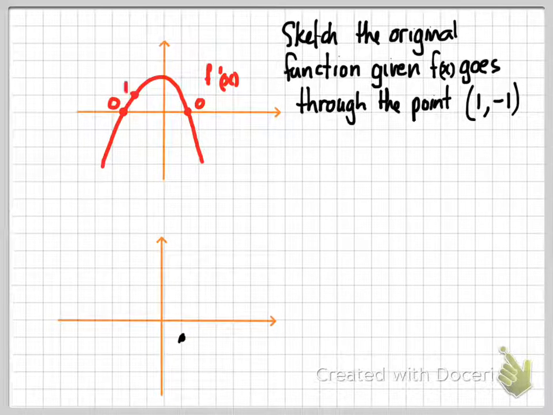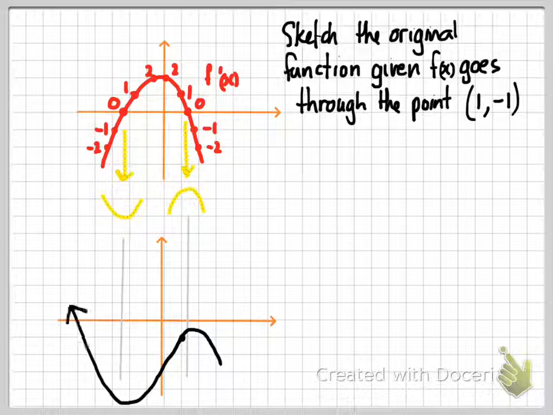We've got 0, 0, 1, 1, 2, 2, -1, -1, and -2, -2. Now I've put your turning points there, 0, and you can see that by lining them up, the turning points have to be in line with those grey lines. Just line them up, and there we have it.